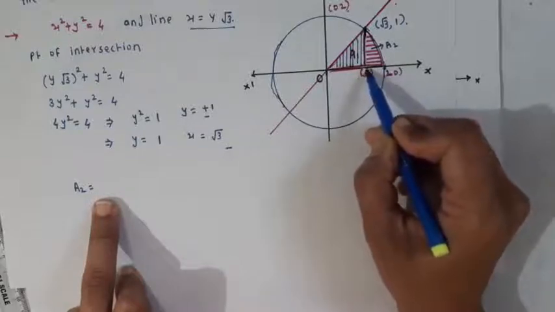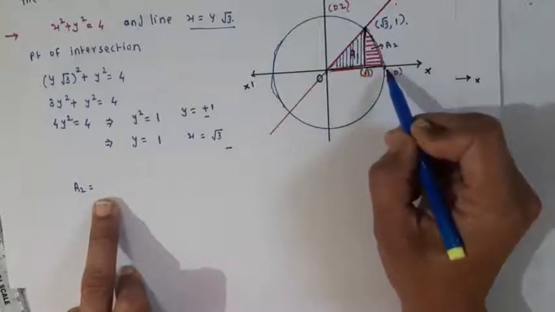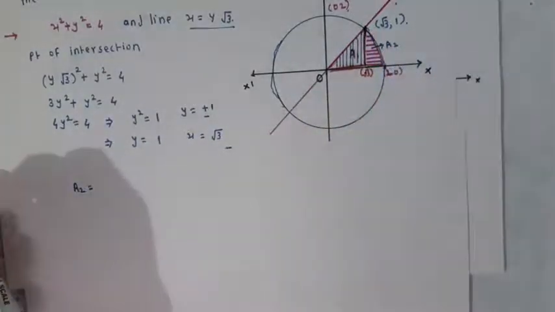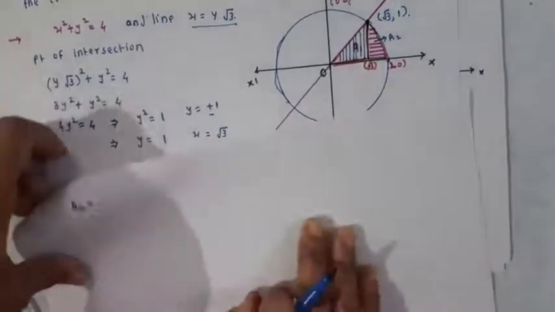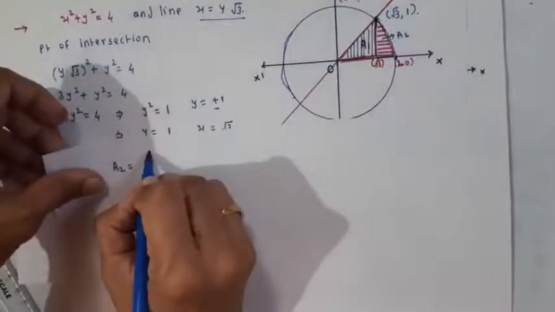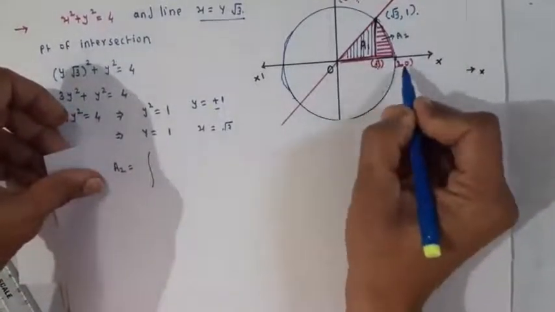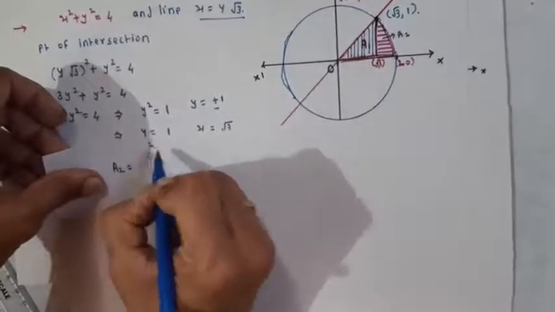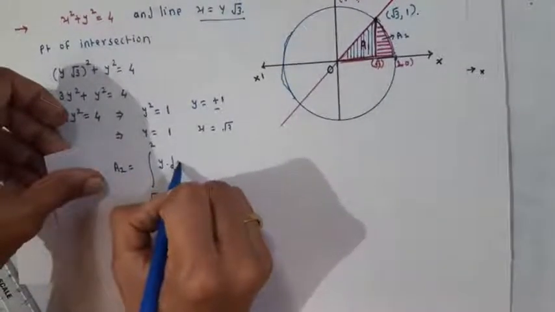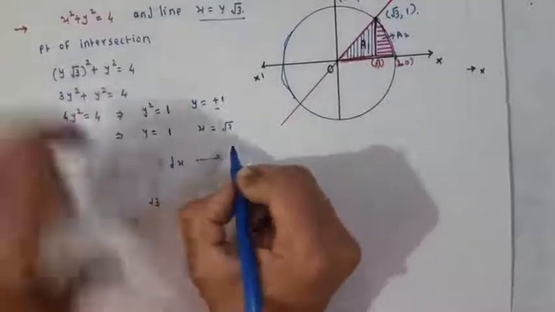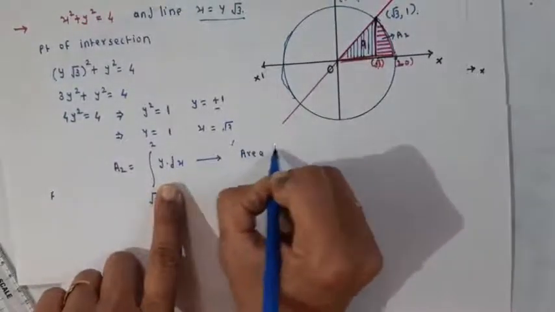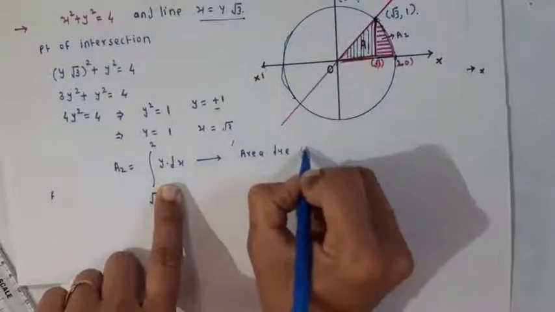See here, x equal to root 3 to x equal to 2, the curve is there. Hence area A2 equal to the integral from root 3 to 2 of y with respect to x, where y means the curve, that is the area due to the circular curve.